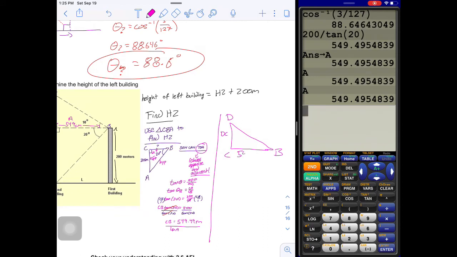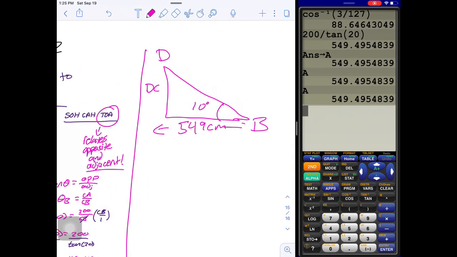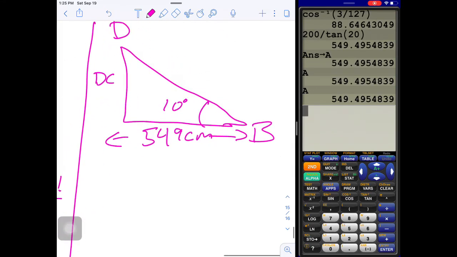We have C to B, we just found that, and we have this angle here. And again, it's just like last time. You're asking yourself, how do the things I'm trying to find relate to the things I know?